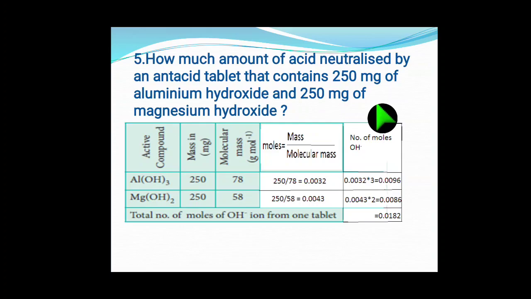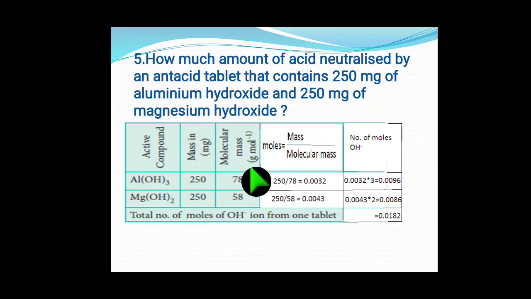First, we write the compounds in the tablet: aluminum hydroxide, magnesium hydroxide. Second, the mass in milligram: aluminum hydroxide 250 milligram, magnesium hydroxide 250 milligram.